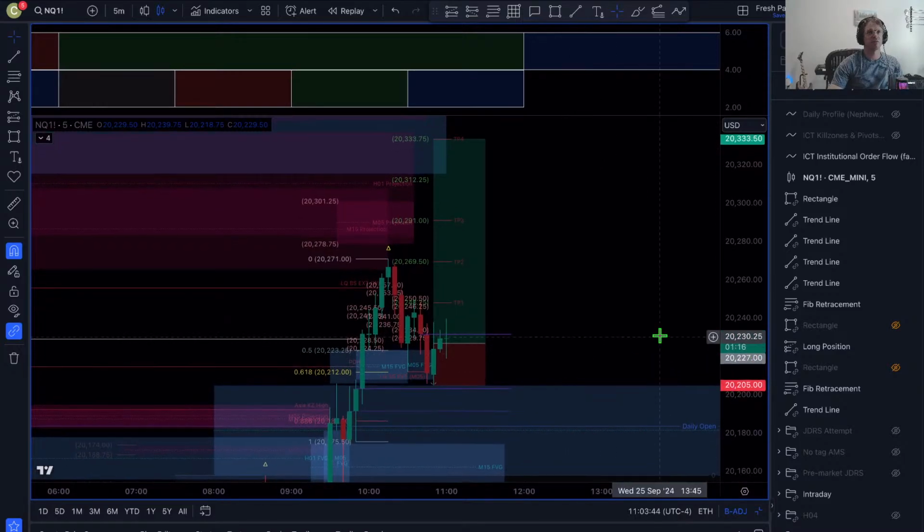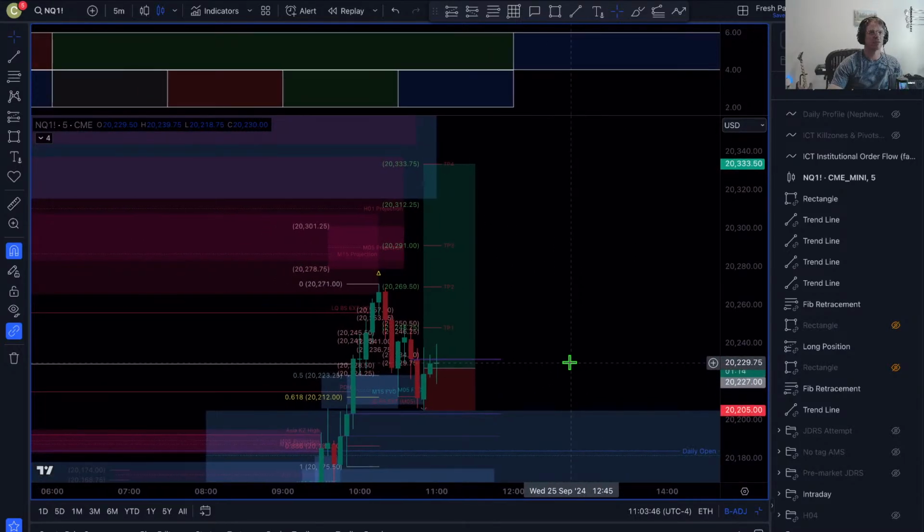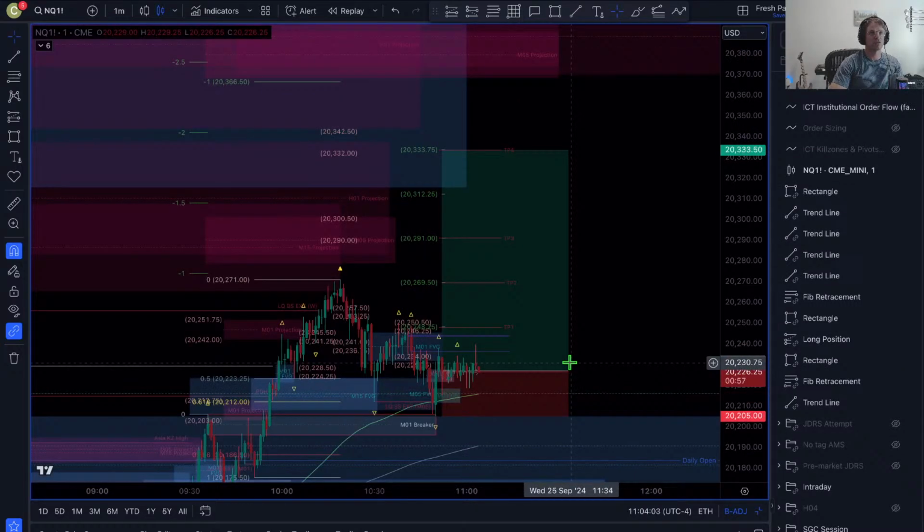Still haven't broken the 5 minute volume imbalance to the downside from those two candles down. I really don't think it's out of the works until we break that high on the 5 minute, which is my first profit target. Failure to close up there is also indicative that this is going to come down for more liquidity on the 1 minute.